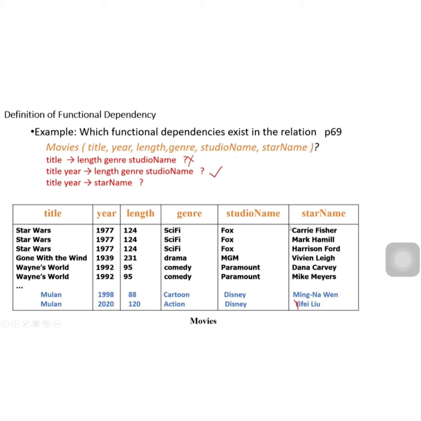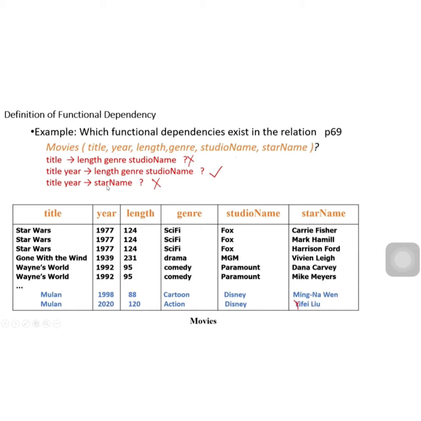So based on this sample, we can find two tuples with the same value on title, year, but they don't have the same value on star name. So this FD does not hold.